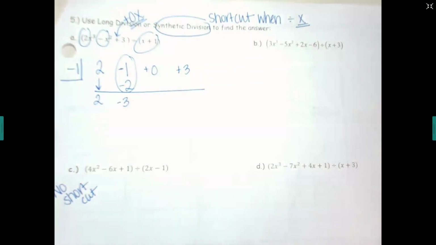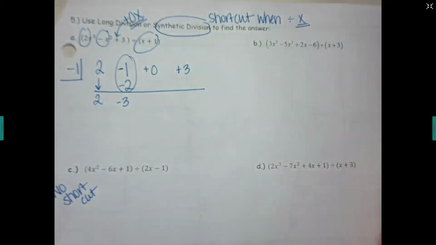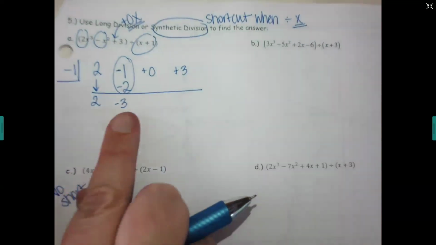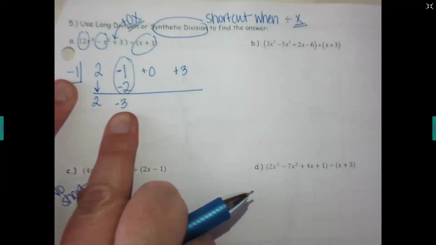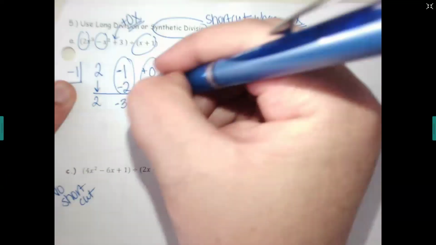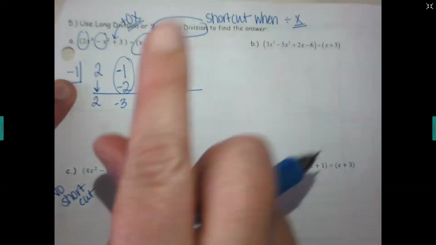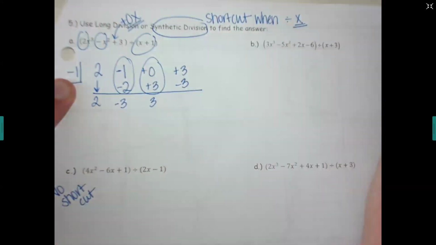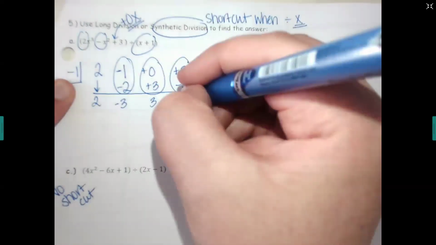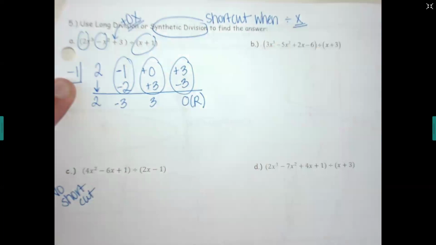Negative 3. Then I take my new bottom number, I times it by the box. Negative 3 times negative 1 becomes positive 3. Then I add that to my 0, 0 and 3 make 3. Then I repeat, times with the box. 3 times negative 1 is negative 3, and 3 and negative 3 make 0, which is your remainder.